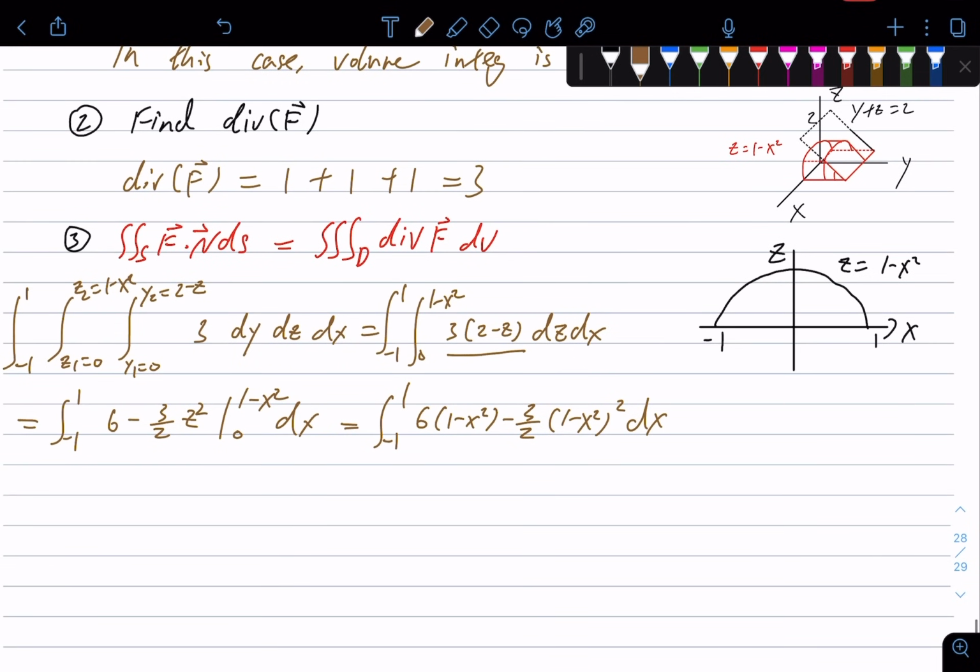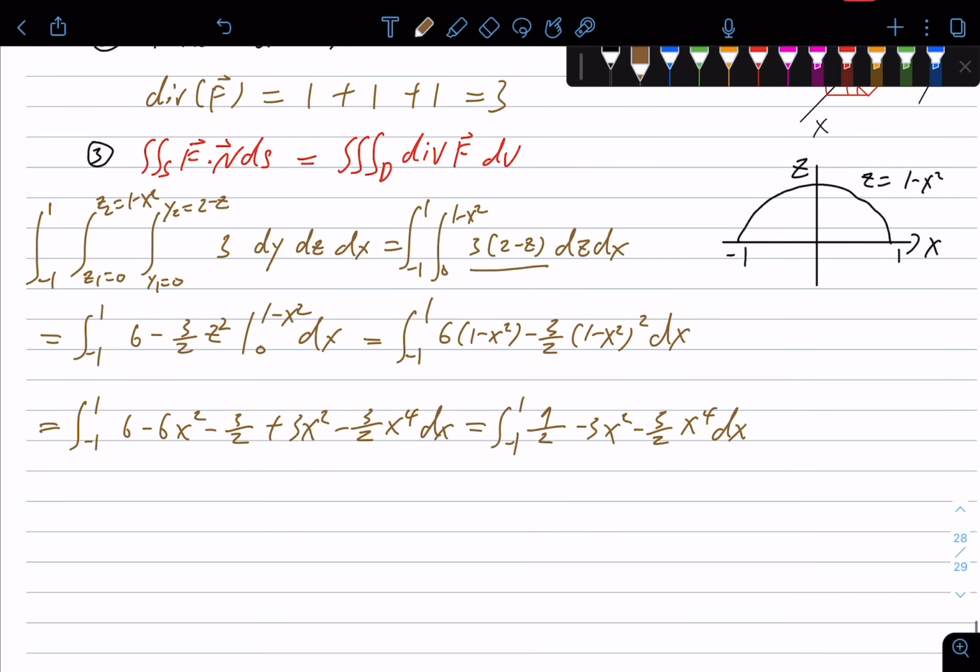And then we're going to break this whole thing apart, which is where we will have negative 1 to 1, 6 minus 6x squared minus 3 over 2 plus 3x squared, and then minus 3 over 2 x to the fourth dx, equal to negative 1 to 1, 9 over 2, minus 3x squared, minus 3 over 2 x to the fourth dx.